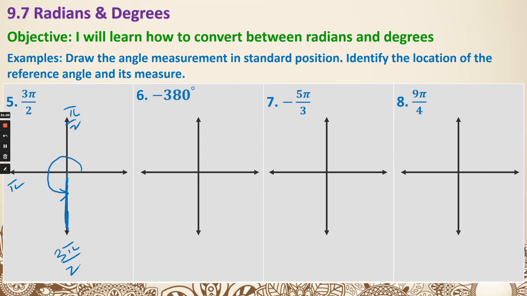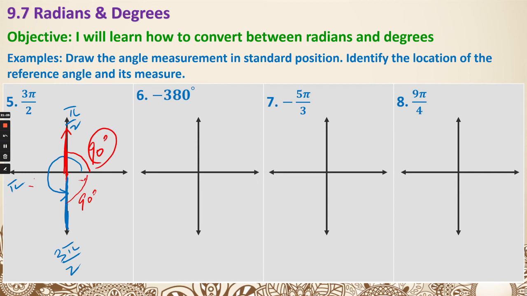So the angle that's actually formed with the x-axis, this time either side, is actually a 90-degree angle. Well, then I just need to reflect over. That's where my reference angle is, and the reference angle is 90 degrees. That's number 5.